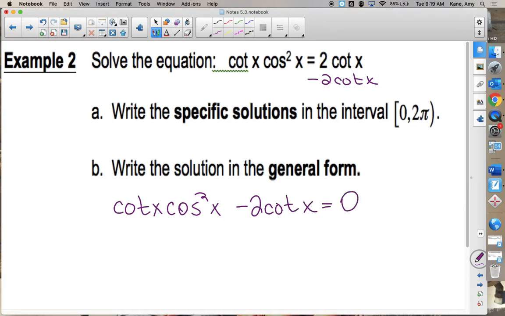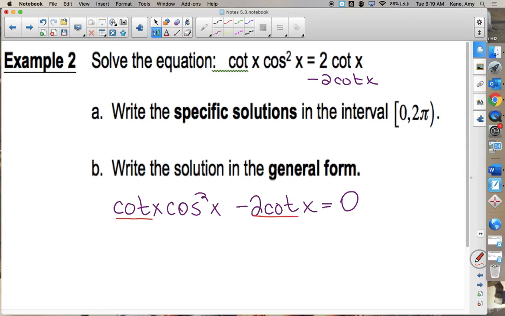So equations, there really is like 2 ways you solve an equation. You either isolate the variable or you set it equal to 0. Zero product property says if you factor something, then each of those products can be set equal to 0. So Josh, how could you factor this? Yeah, they both have a cotangent in common.